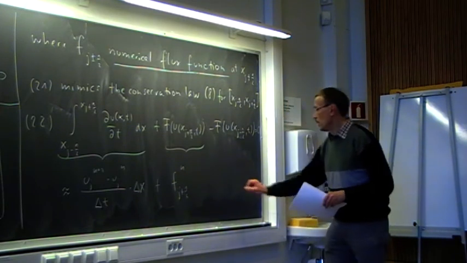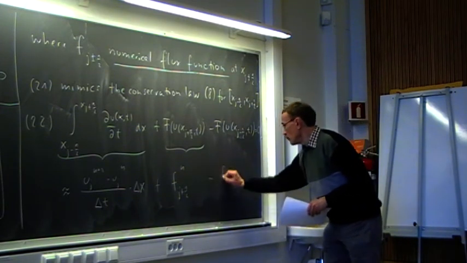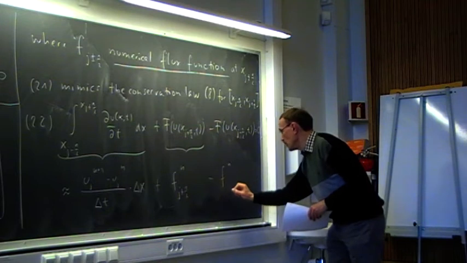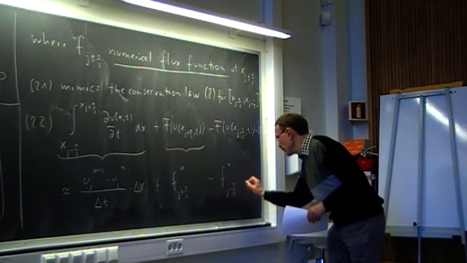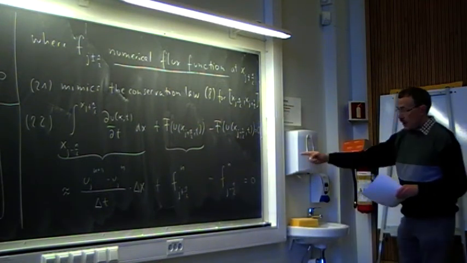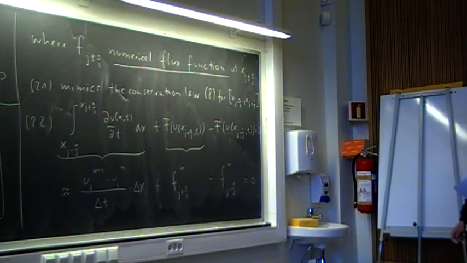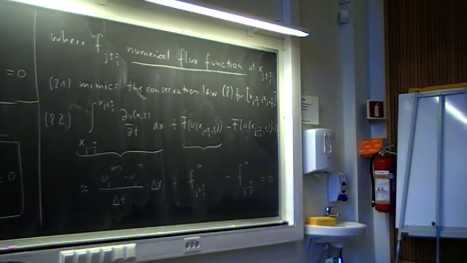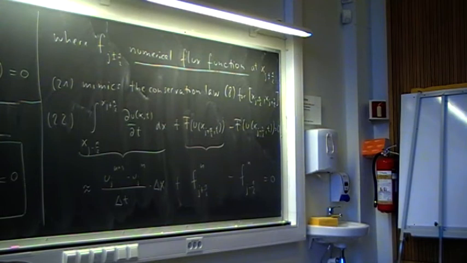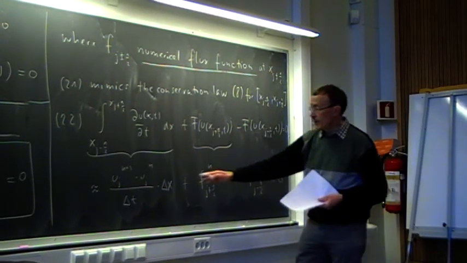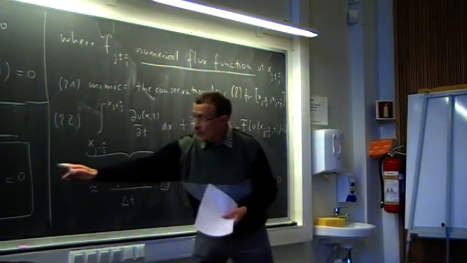We have that, minus the same here: the numerical flux function at j minus 1/2. If we look at this now, and we compare it with the conservation form, we will see they are identical. We just have to divide by delta x to get this form.